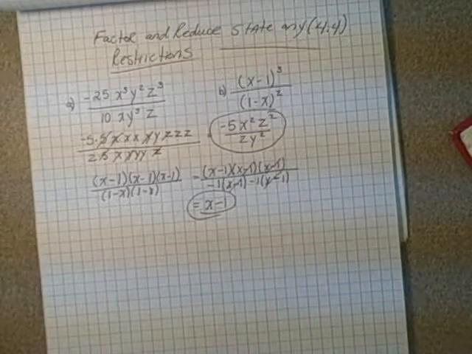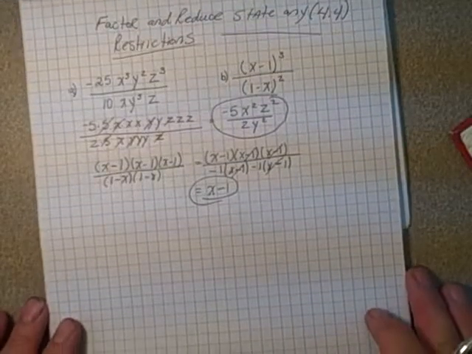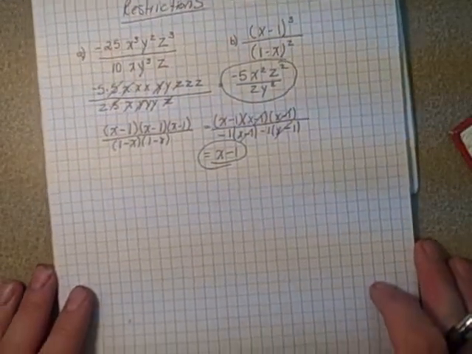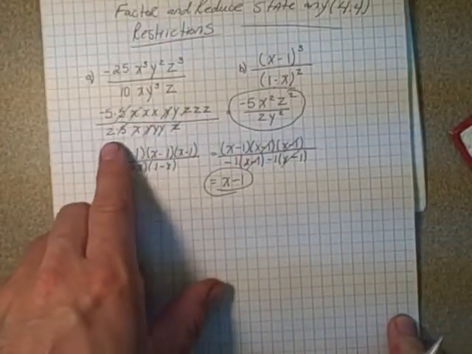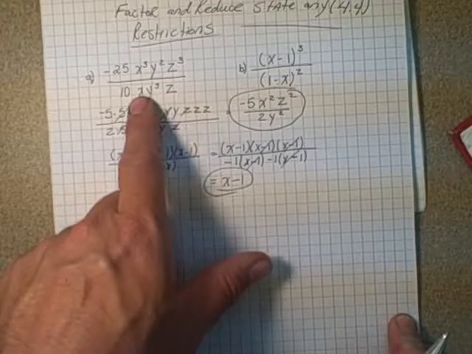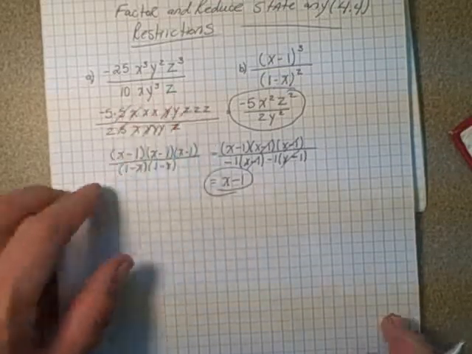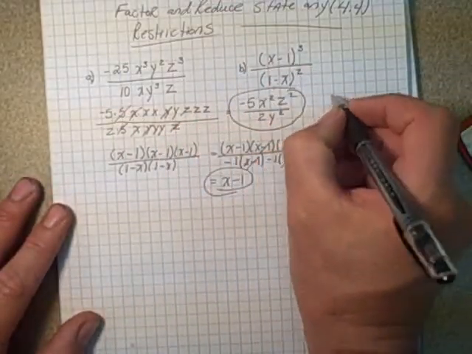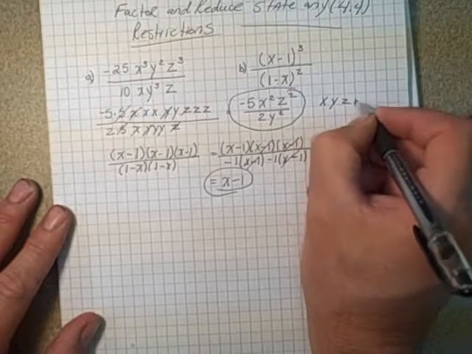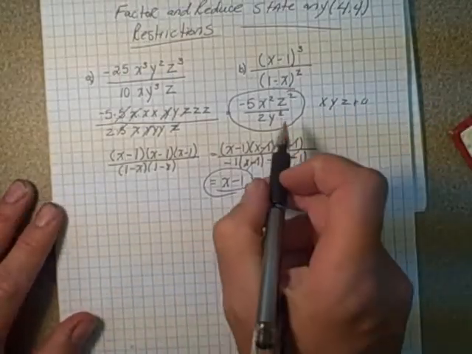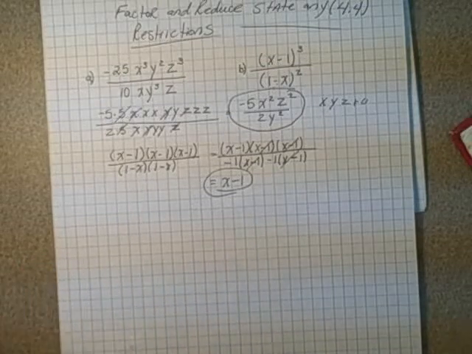Okay, I'm just going to move up and check my field of view. And one thing I've been forgetting to mention here in these examples is restrictions. A restriction meaning that the bottom can never equal 0. So if x, y, or z were 0 in this case, then it would be impossible to do so. Our restriction on this one is, well, in our case there, we cannot have those as zeros.